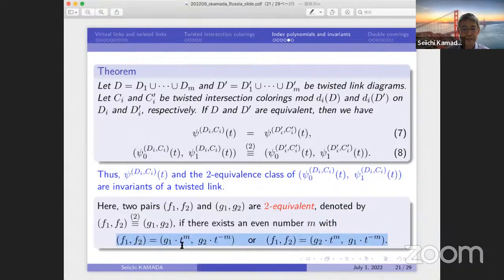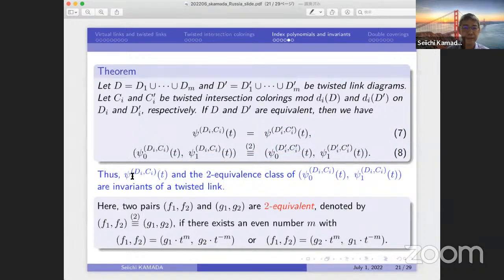So we can move t to the m from left to right, like a tensor product. Or we can exchange the first component and the second component. This is two equivalence. So modulo two equivalence, the pair of Psi 0 and Psi 1 is an invariant.